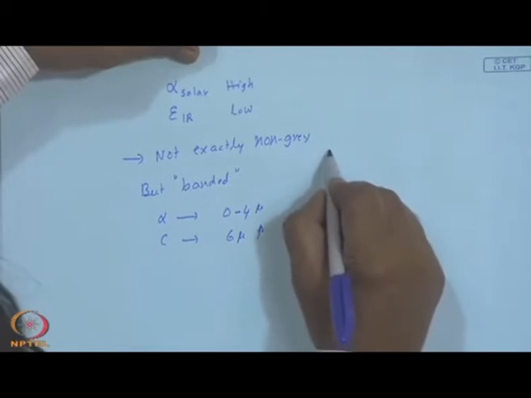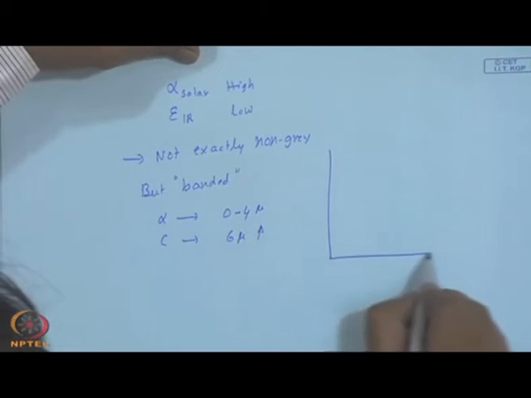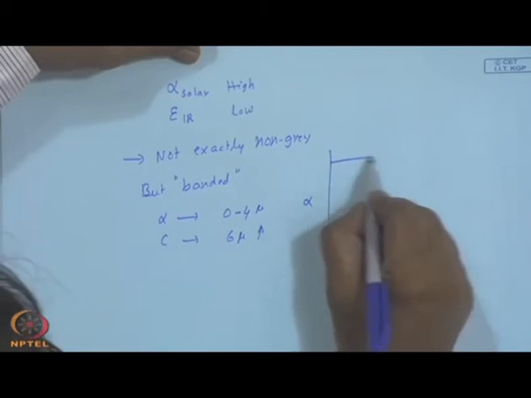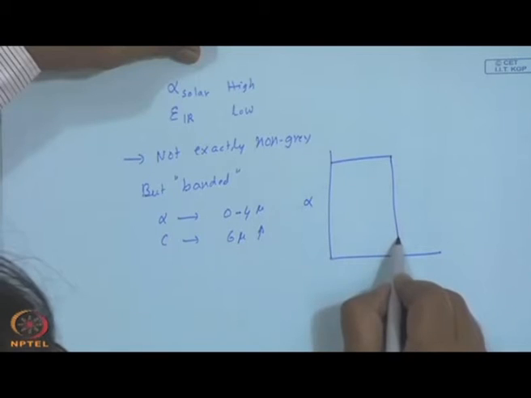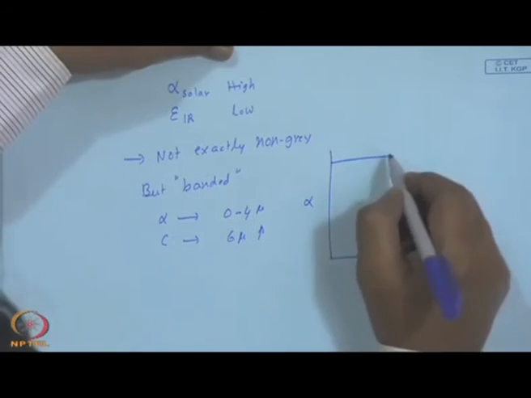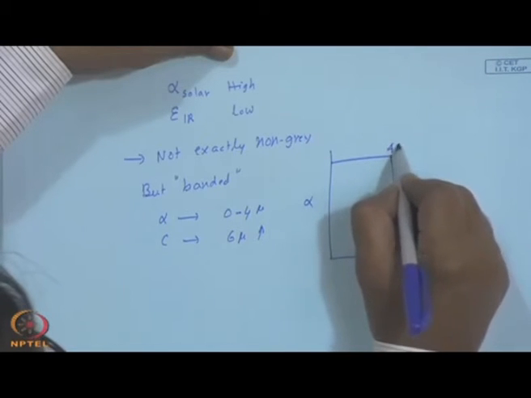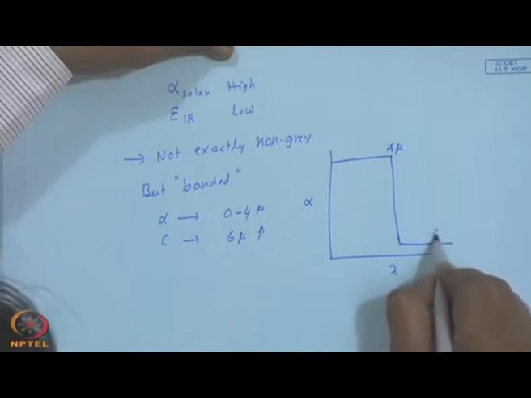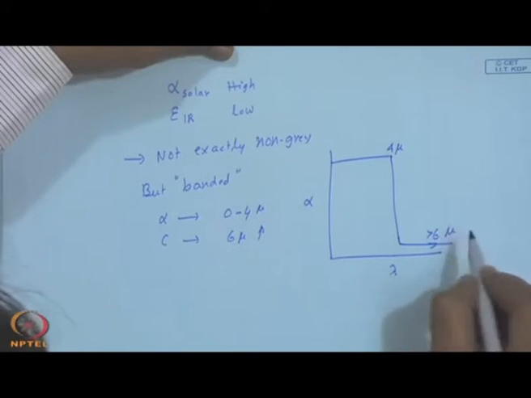So, if you plot alpha versus lambda, you may have something like this. This may be 4 microns and this is onwards, or greater than 6 microns.